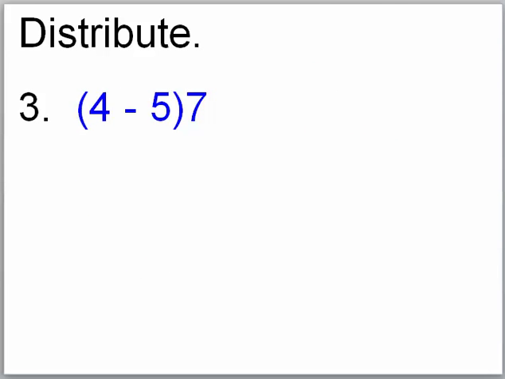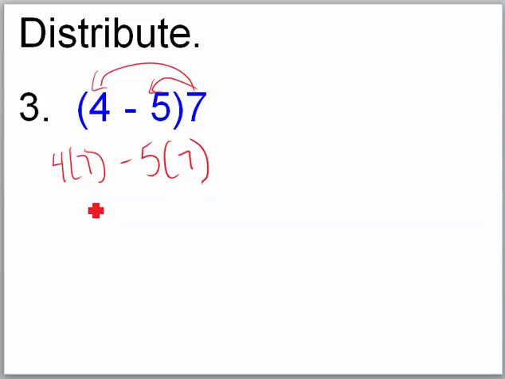This one's the same, you just do it the opposite direction. So I'm going to distribute the 7. So 4 times 7 minus 5 times 7. 7 times 4 is 28. 28 minus 35.